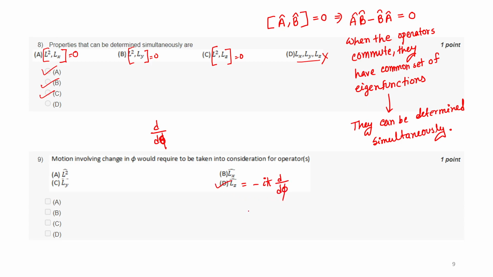So in case of the angular momentum operator along the z axis, we will consider the motion involving the change in the phi, and also the square of total angular momentum, right? Because if you remember the discussion, there was something like d square by d phi square, a term like that. So A and D both will consider the motion involving the change in the phi.